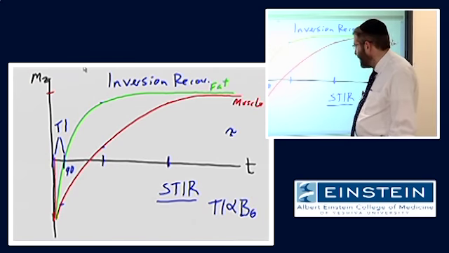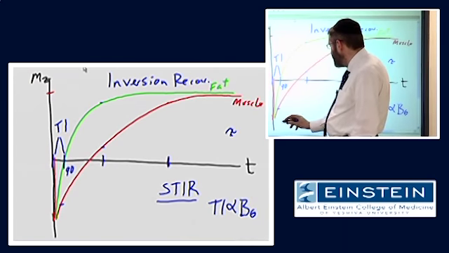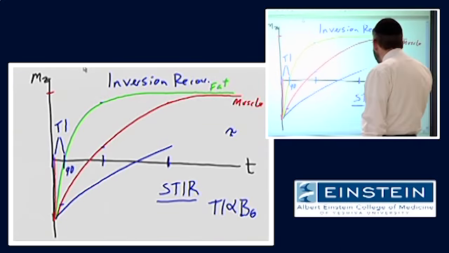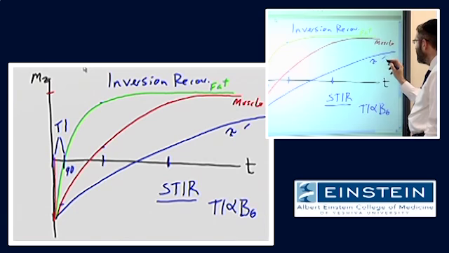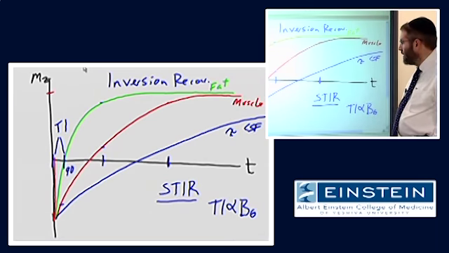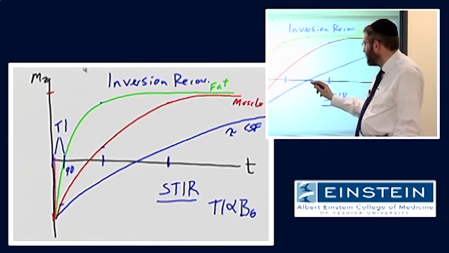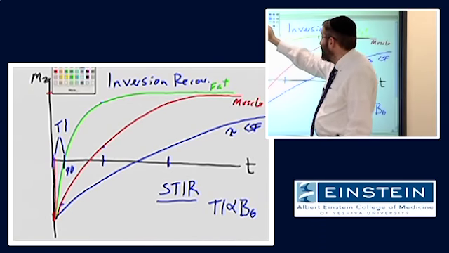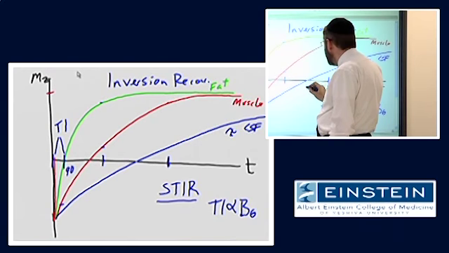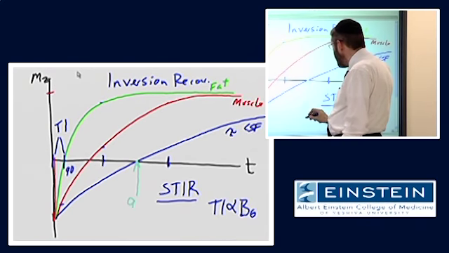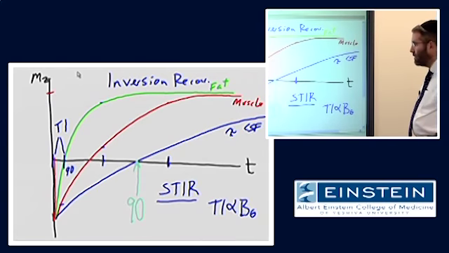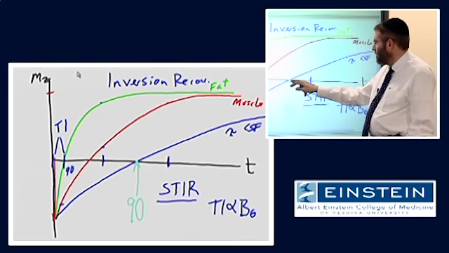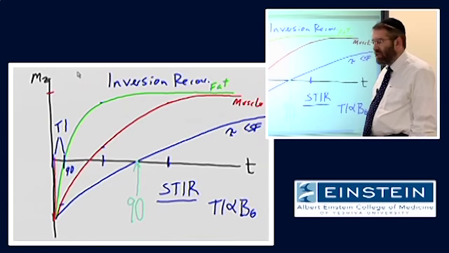Now, on the other hand, let's add something else in here. Let's add something with very long T1, like cerebrospinal fluid. So if we choose to place our 90-degree RF pulse at this point in time, we generate an image where we have no signal from CSF.